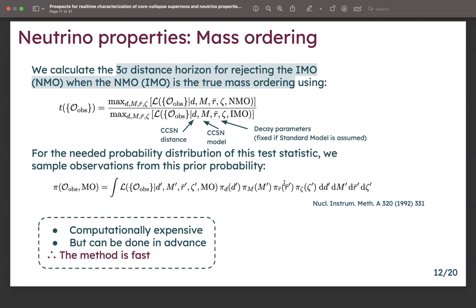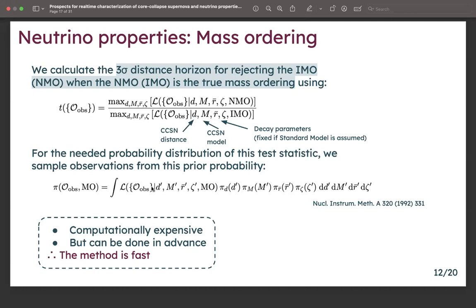For these, we use flat priors. For the decay parameters, it really makes sense. In the case of the supernova distance, this is really the most conservative thing we can do. So if at some point somebody wants to do this in more detail, they will only get better results if they put a more detailed prior on the distance.